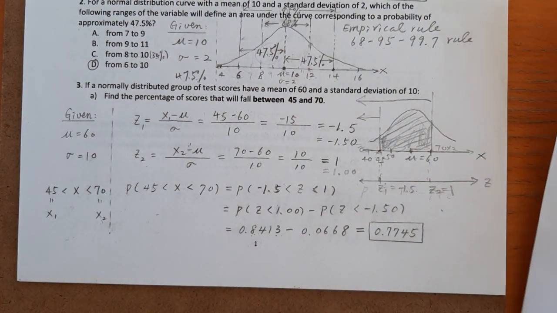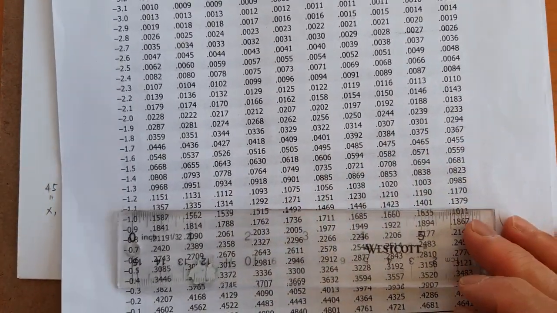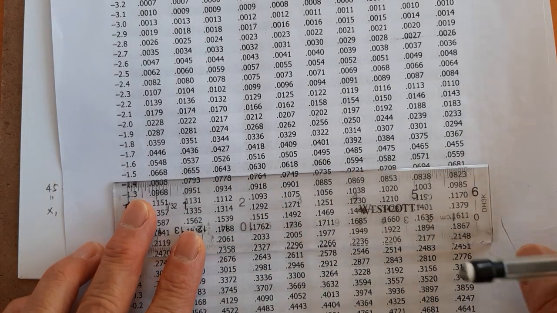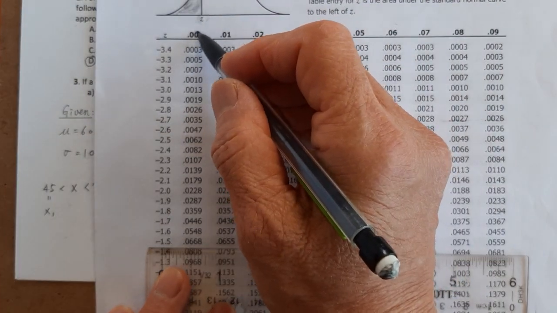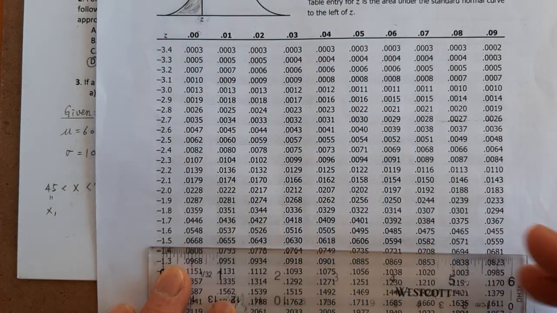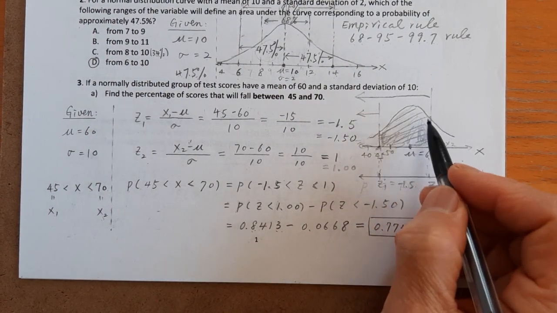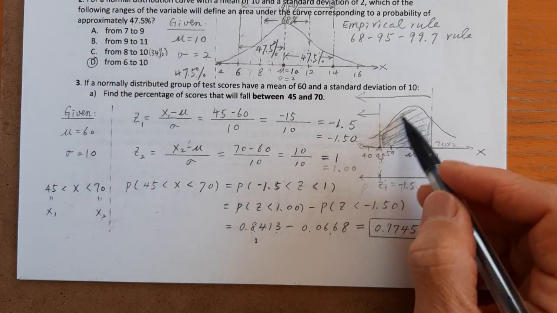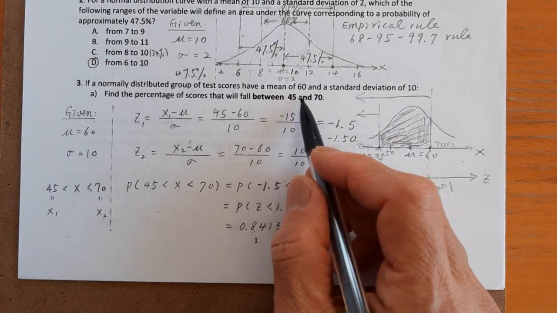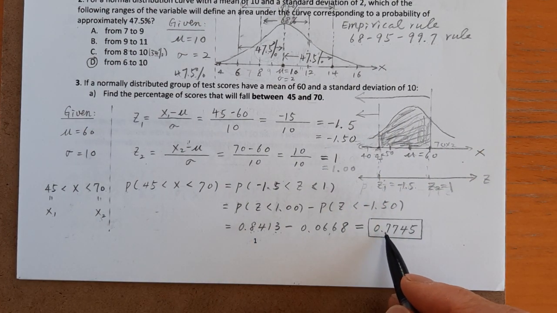When you look at the table, negative 1.50 is 0.0668. This entire area minus this area is the area between 45 and 70 under the curve. The probability is 0.7745, which is 77.45%.